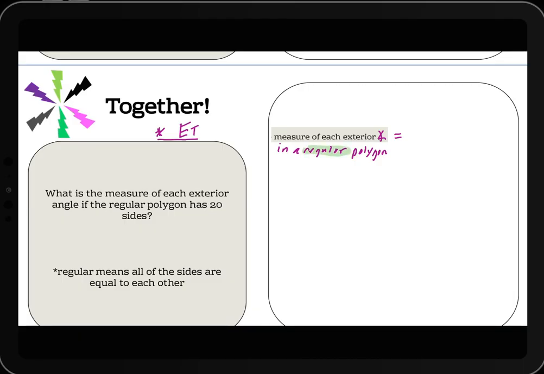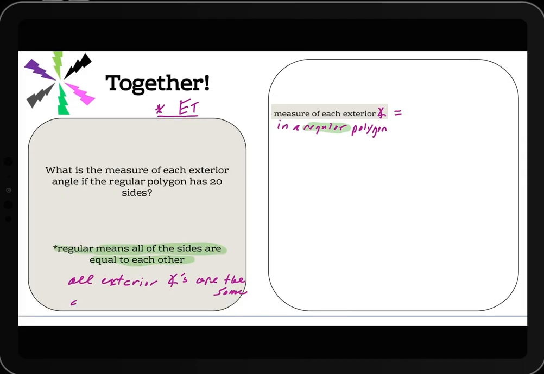Okay, so regular polygon means all the sides are equal to each other. It actually has to say that in order for you to do this. Okay, it also means that all the exterior angles will be the same. So all exterior angles are the same. And technically all the interior angles are the same. That's also true as well.